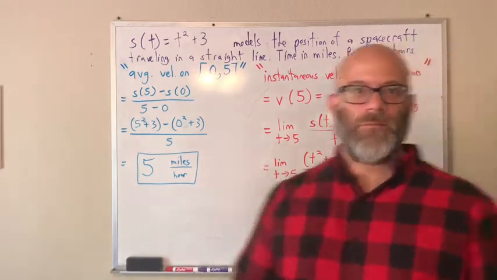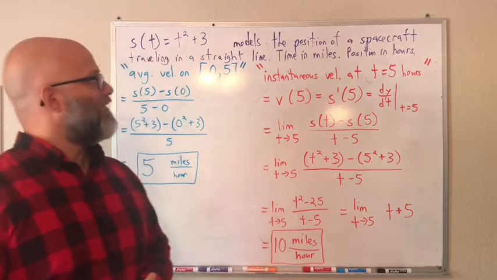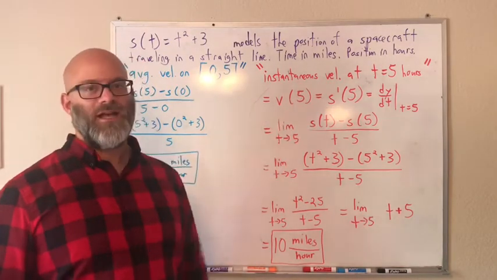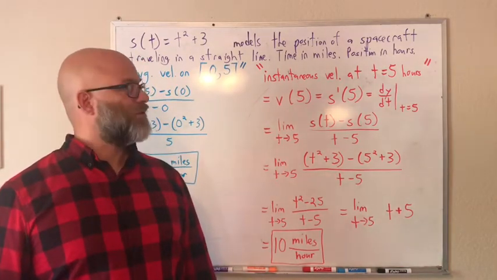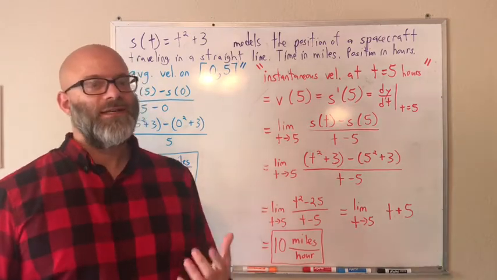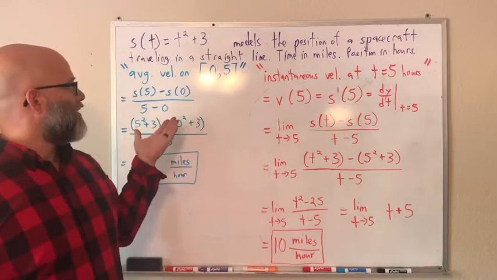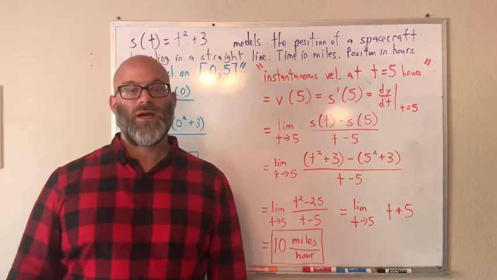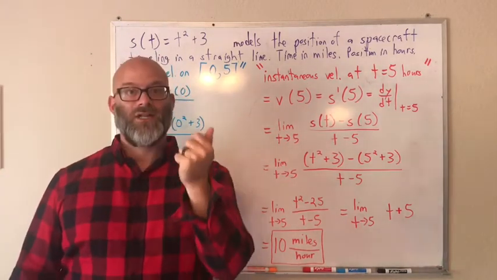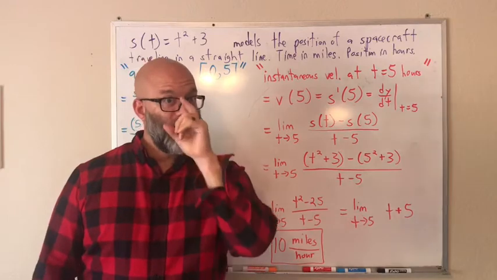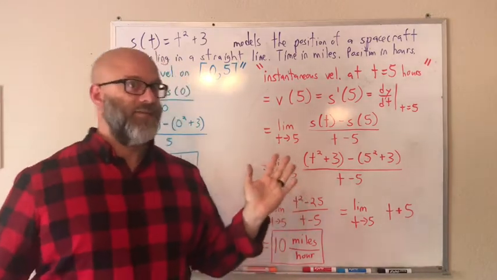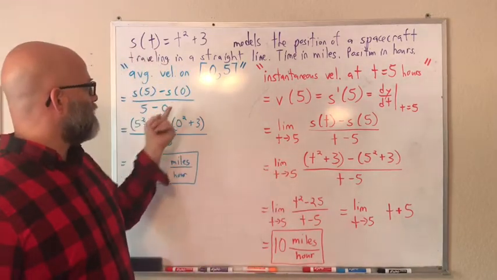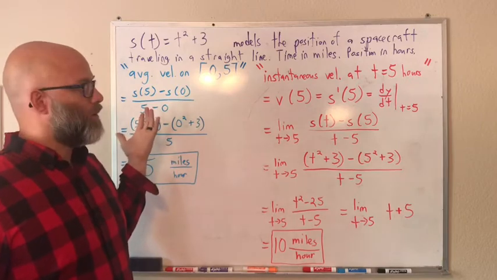All right. What if I asked you to get the instantaneous velocity at time t equals 5 hours? See, when we talk about average velocity, we talk about a velocity over an interval. When we talk about instantaneous velocity, we're talking about a velocity at a particular time. In truth, the concept is exactly the same. Here we use 2 points and solve a difference quotient.